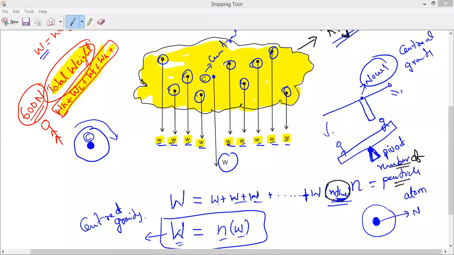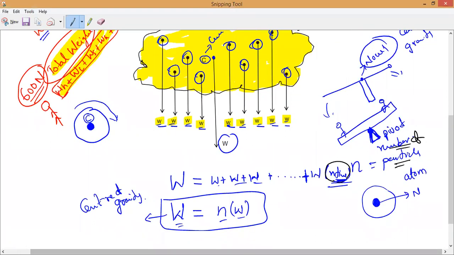Please make it, everybody. Clear, guys? Capital W is equal to N into small w. This is clear. Once you complete that, then I'll say.